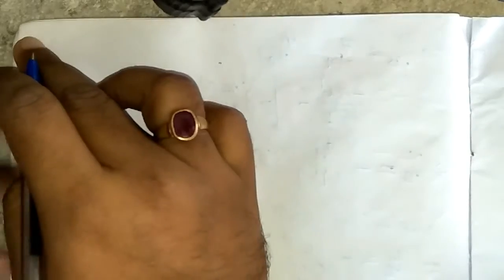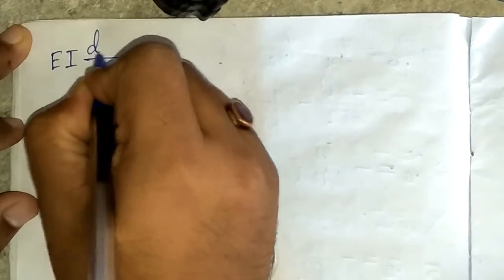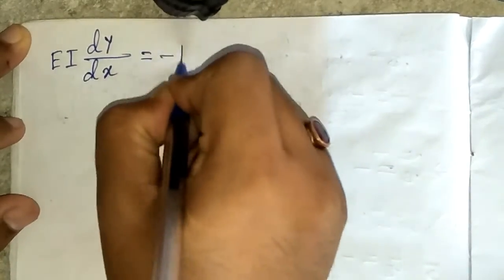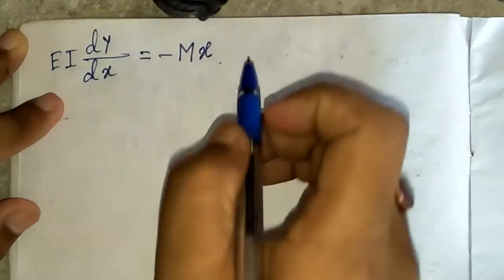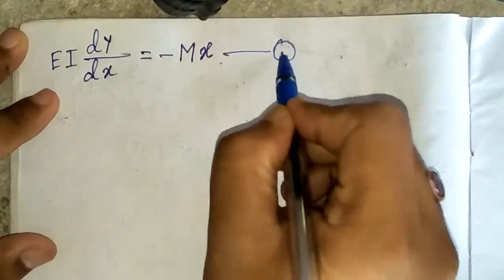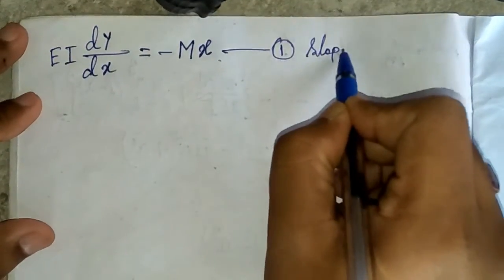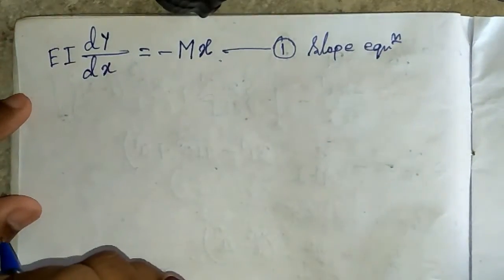By substituting the value of C1, we get EI dy/dx equals minus M into x. This is equation number 1, and this equation is known as the slope equation.